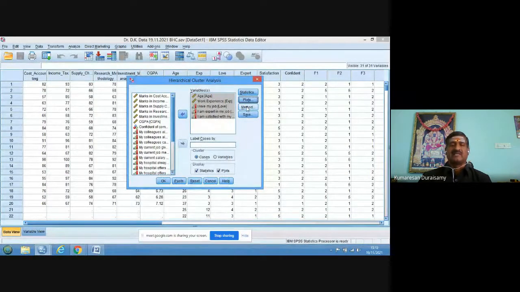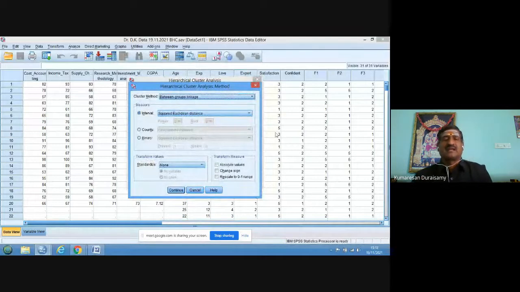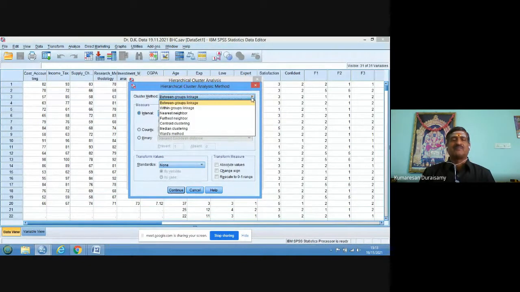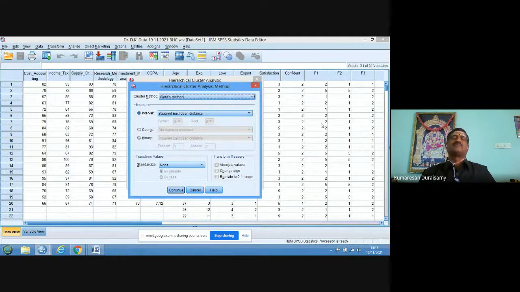Then come to methods. Here, cluster method is given. Between groups linkage. If you select this down arrow, several methods will appear: between groups, within groups, nearest neighbor, farthest neighbor, centroid, median, and Ward's method. Select Ward's method. This is the most widely used method.